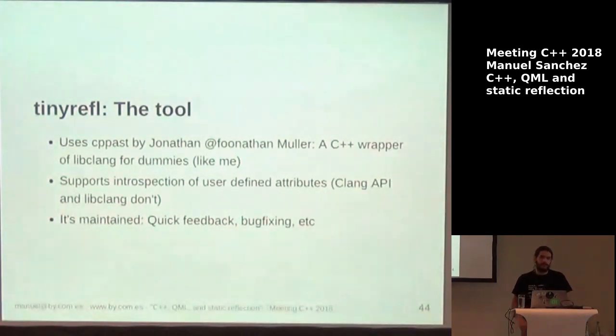It's a wrapper of libclang that wraps all the bad stuff of libclang itself, and gives you just a simple API of visitors that are callbacks with classes representing a C++ class, a C++ method, an attribute, whatever.